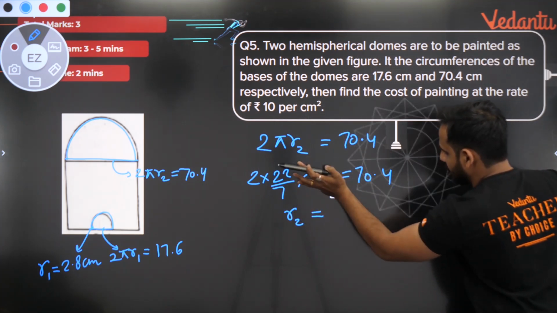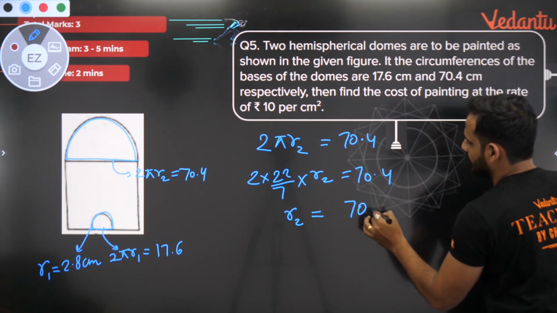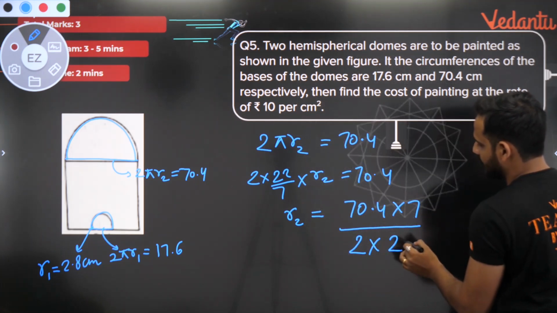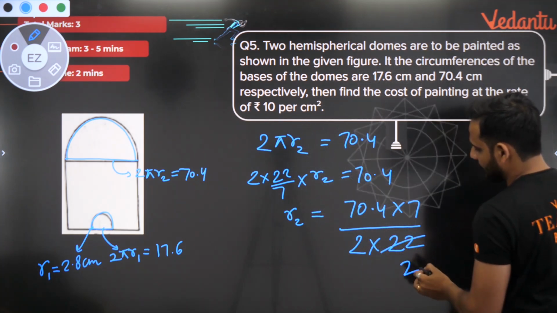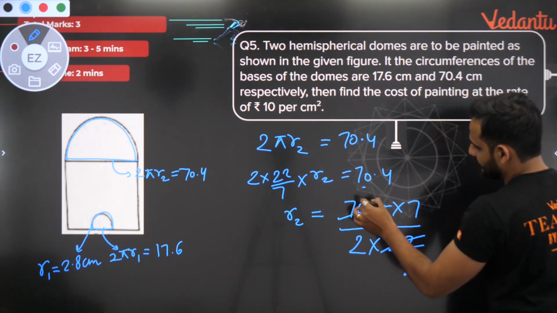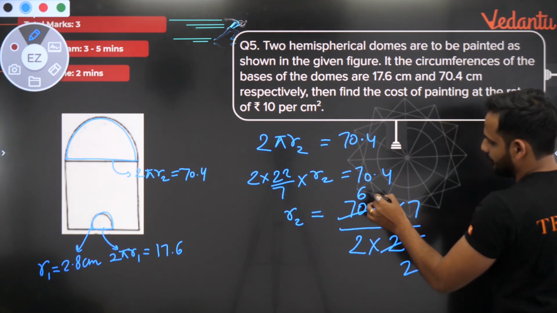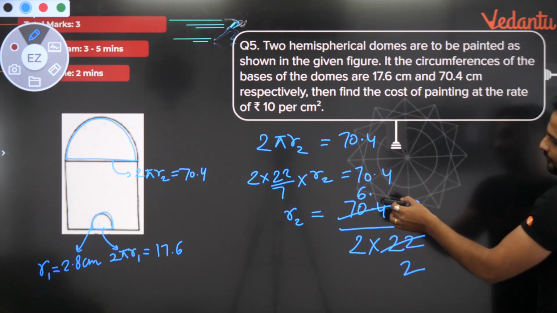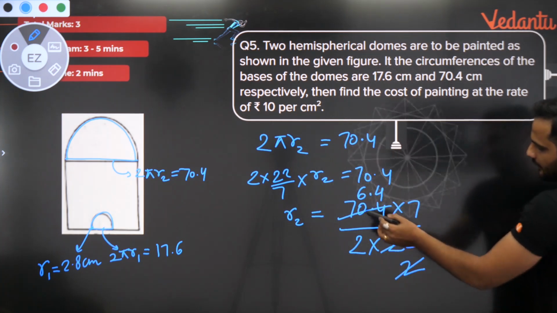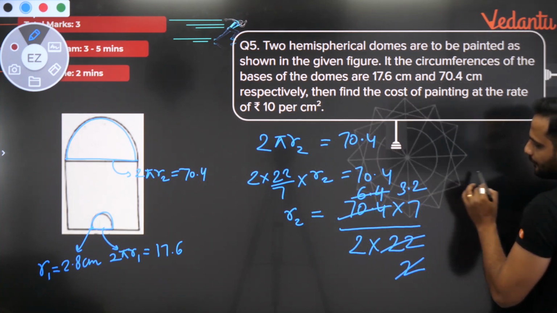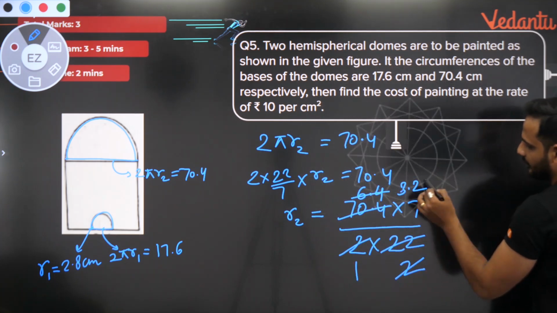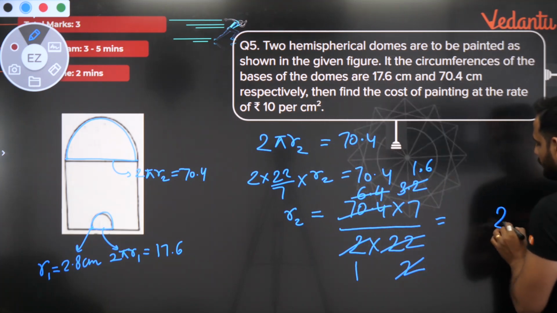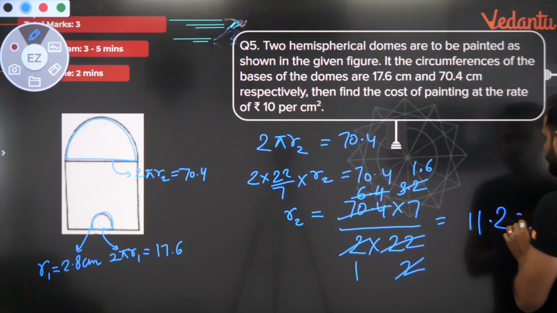So 70.4 into 7 by 2 into 22 we have. Chalo. So this is 11 twos are 22, and 11 sixes are 66, and decimal there, and then 66 apart 4 44. So it was getting cancelled na. 3.2, this one more time, 1.6, and 1.6 into 7 will be equal to 11.2 centimeter.